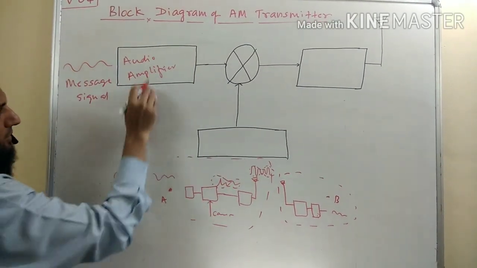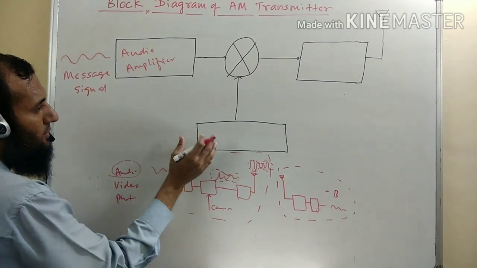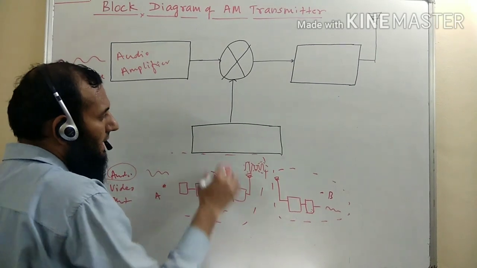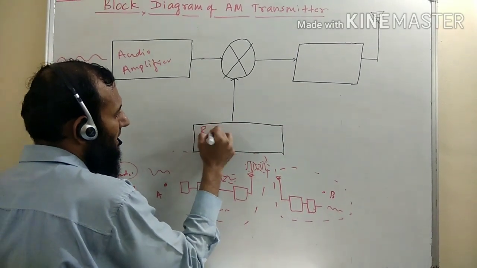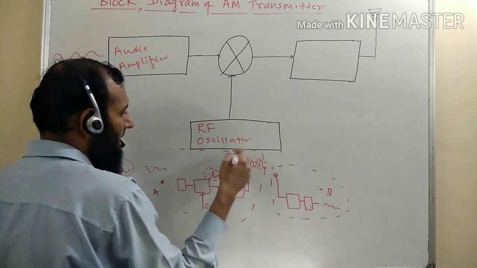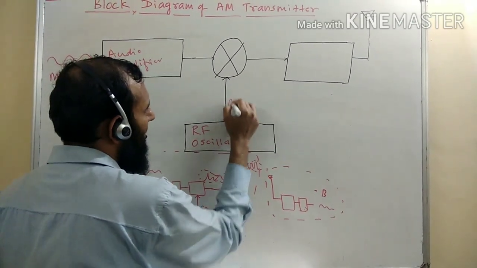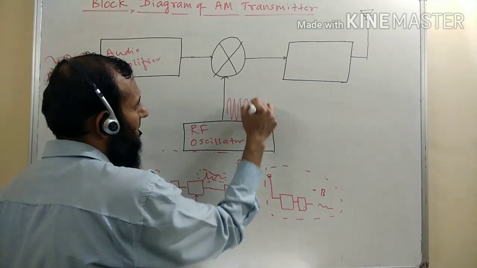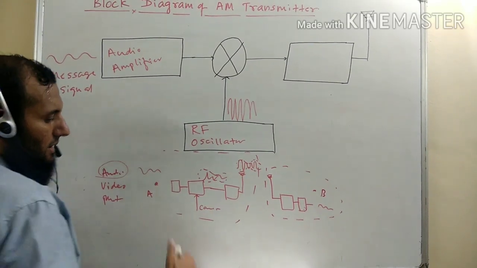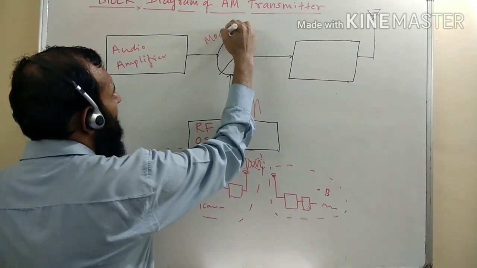The frequency will be low, and now we put it on top of a wave called the carrier wave, which is generated by an RF oscillator. It can be a Colpitts or Hartley oscillator. It generates a carrier wave of high frequency. Both the carrier wave and the message signal are superimposed in the process called modulation. This is the modulator.